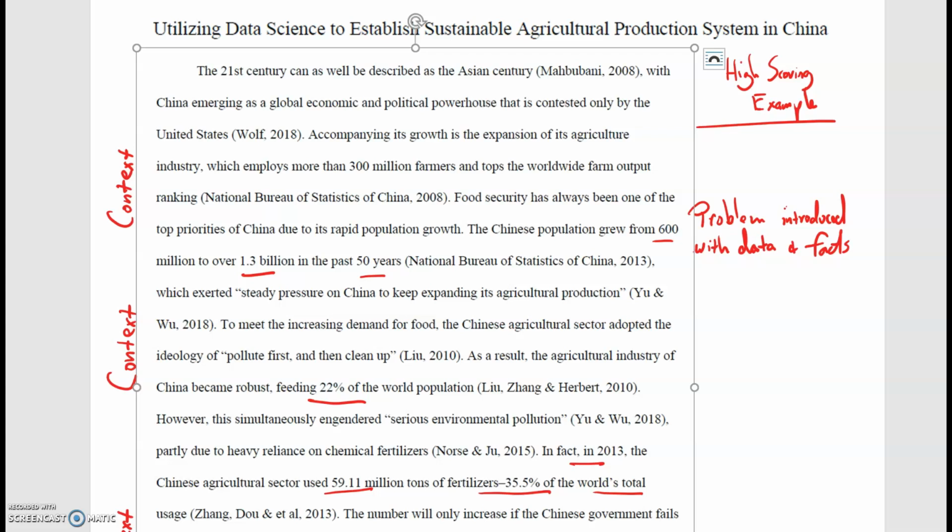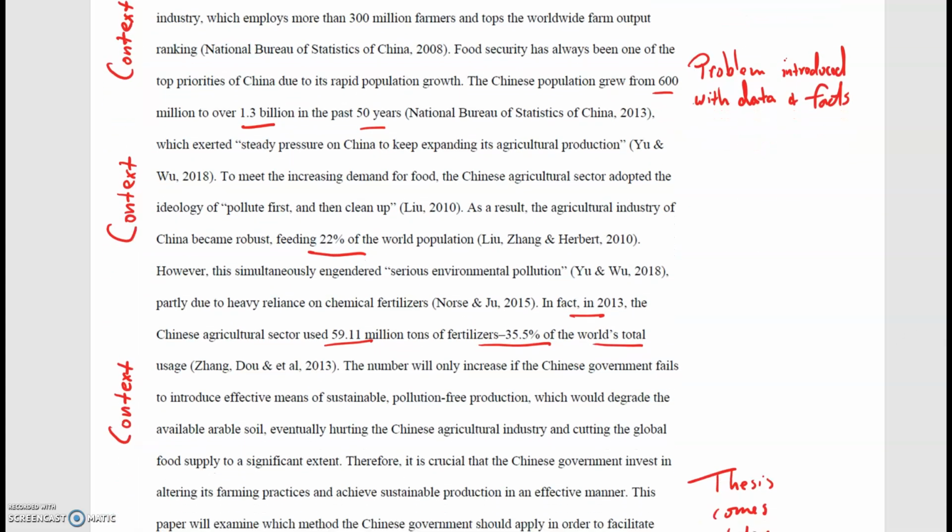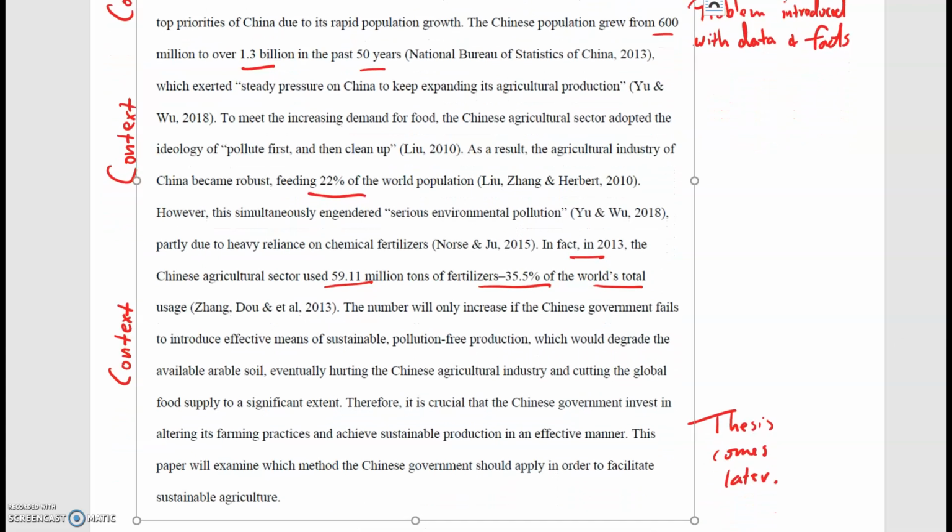The Chinese population grew from 600 million to over 1.3 billion in the past 50 years, which exerted, quote, steady pressure on China to keep expanding its agricultural production. To meet the increased demand for food, the Chinese agricultural sector adopted the ideology of pollute first and then clean up. As a result, the agricultural industry of China became robust, feeding 22% of the world population.